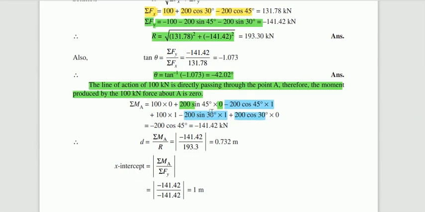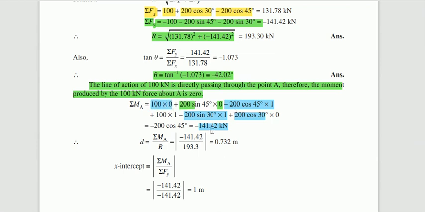Whatever the 0 values are, you neglect them and simplify to get the value. The same thing I have explained is written here: the moment at point A, and the 0 moments you need not consider. 100 into 0 they have written.